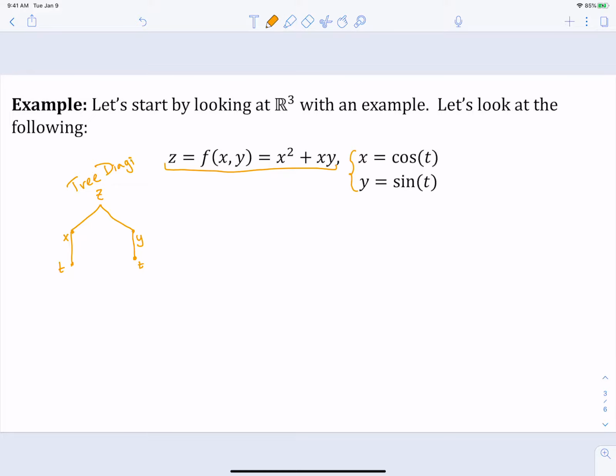And it's just a picture of how these variables work together.